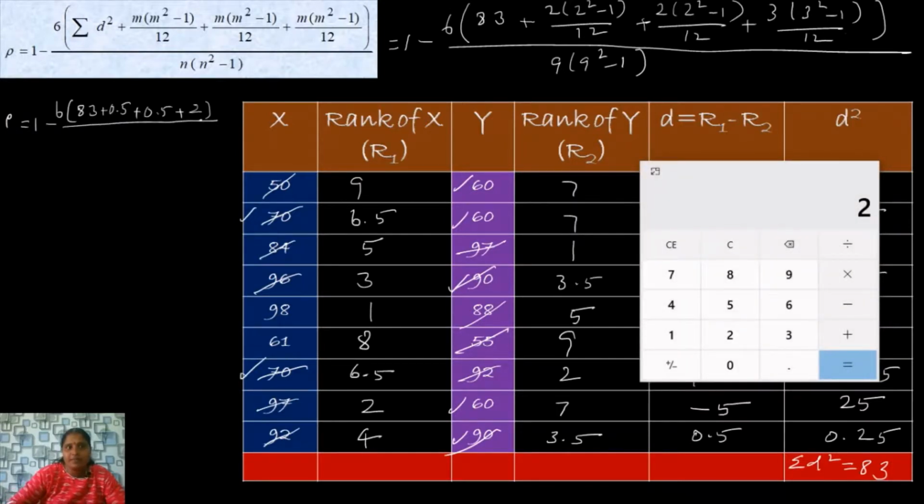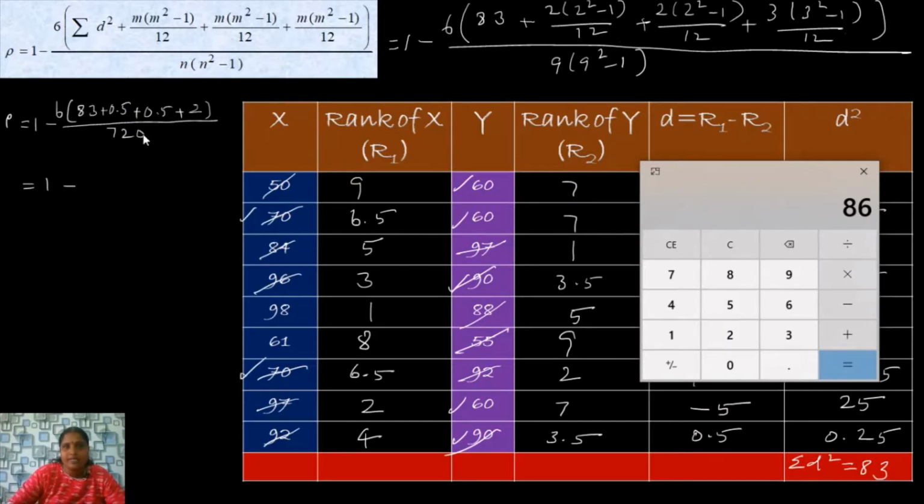Whole divided by 9 into 9 square minus 1. 9 square is 81 minus 1 is 80. When you multiply 80 with 9 you get 720. So 1 minus, by adding all these values you get 83 plus 0.5 plus 0.5 plus 2, you get the value 86.